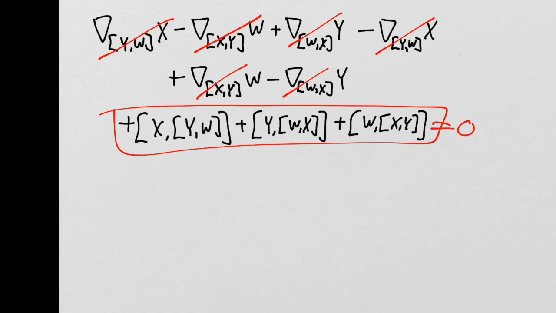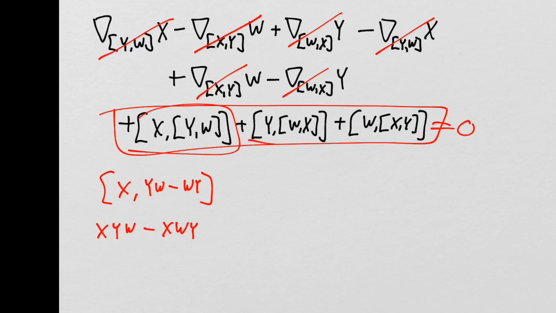If you actually expand, if you do x comma yw minus wy, and then you end up with xyw minus xwy, which is what this guy expands to be, and you do it for this one and this one, and you add them all together, you're going to see it's zero 100% of the time.